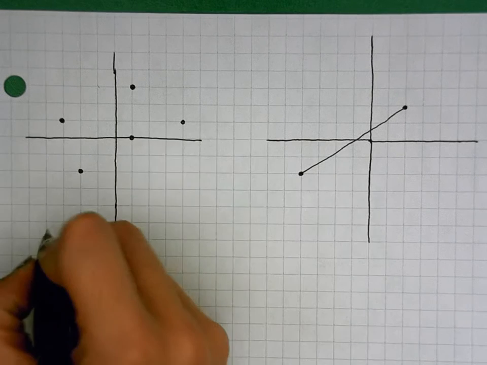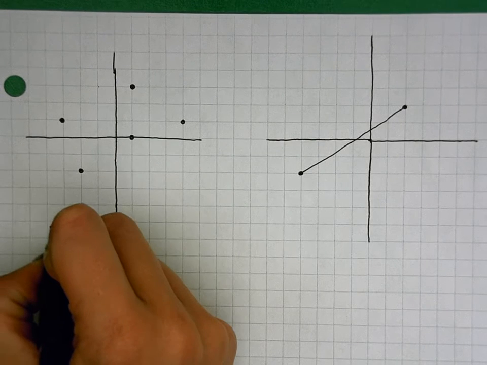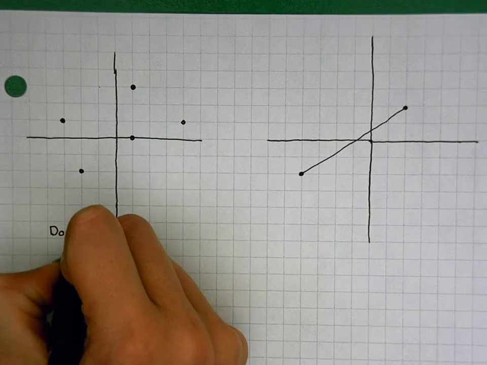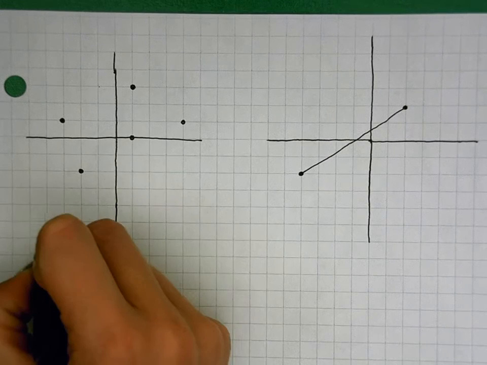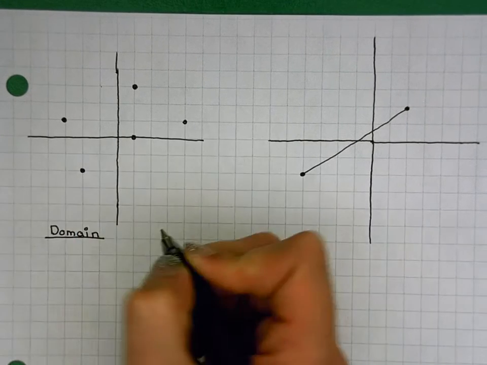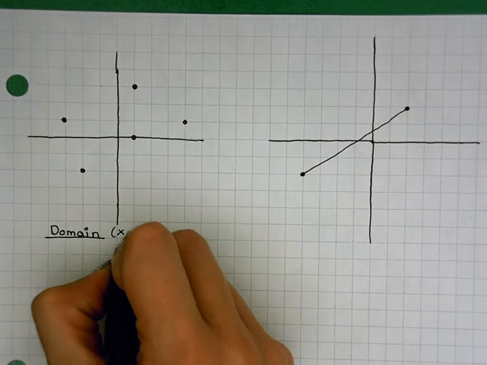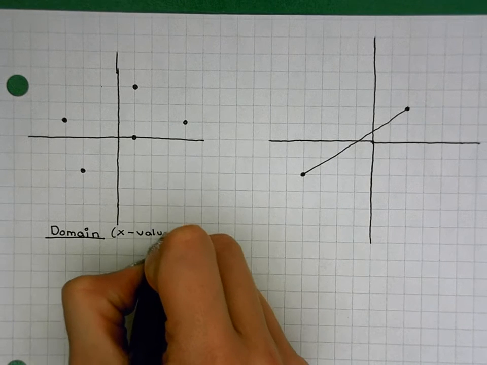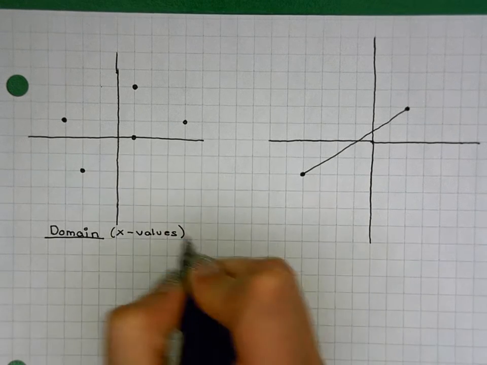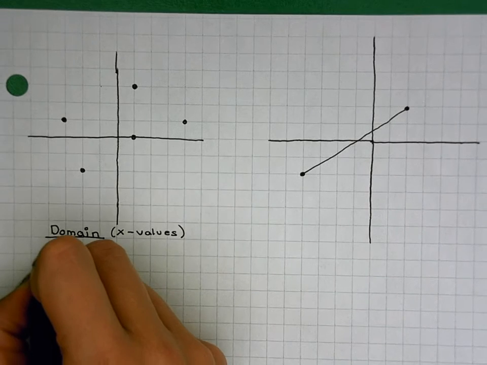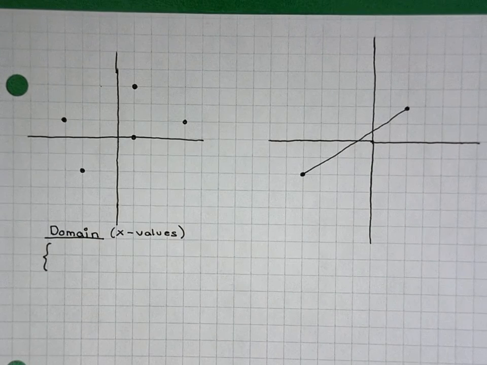With our discrete graph, when we look at our domain and our range, we write our answers in the form of a list. Okay, so I'm going to look at my domain first. My domain is made up of my x values. And again, because it's discrete, I'm going to go ahead and write a list out.